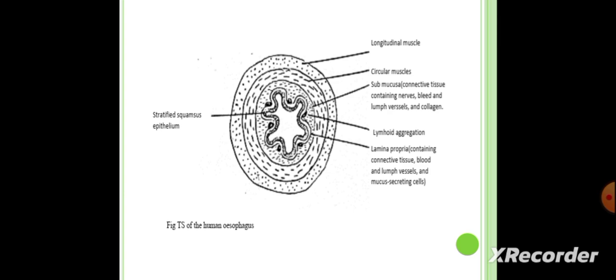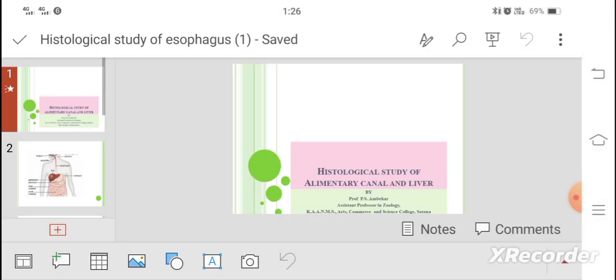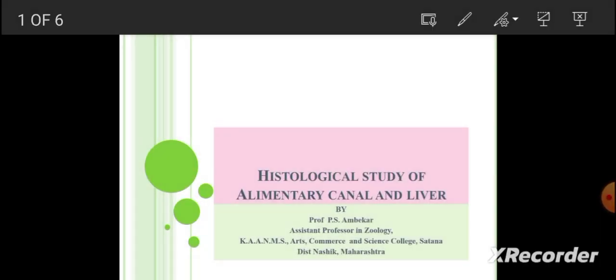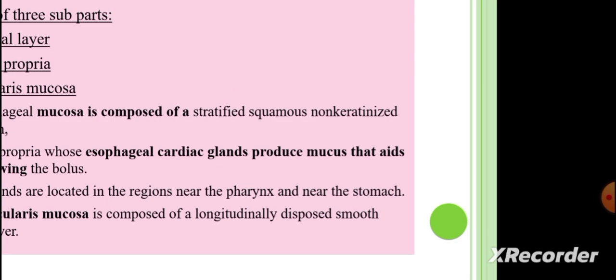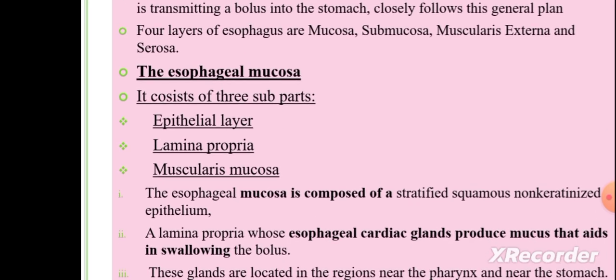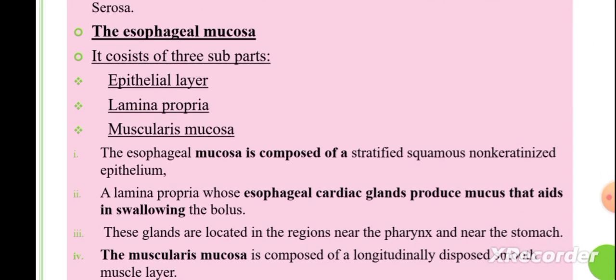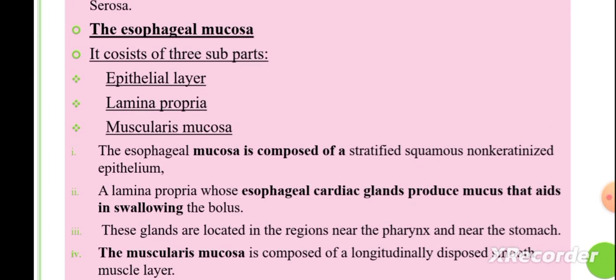So when we talk about the structure, it's like epithelium followed by the lamina propria and followed by the muscularis mucosa. So, as we know, the epithelium consists of stratified squamous epithelium followed by the lamina propria, whose simple function is this: it has some glands, esophageal cardiac glands, which produce mucus which aids in swallowing the bolus.